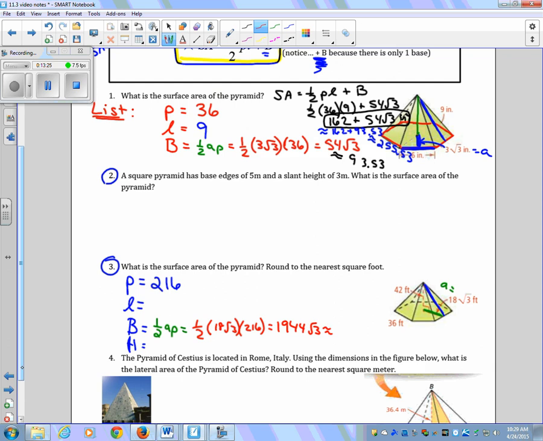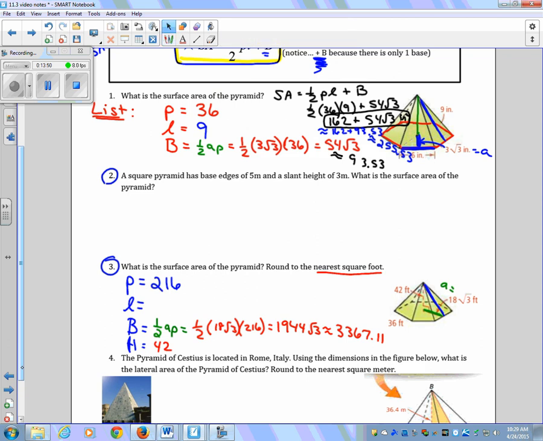Let's make this approximate because it says round to the nearest. So 1944 times root 3 is 3,367.1. Actually, it's 0.11. That's the area of the base. Okay, the height they give us as 42.